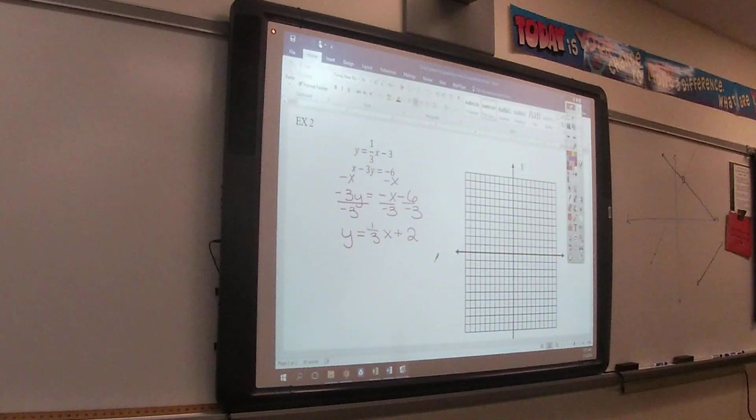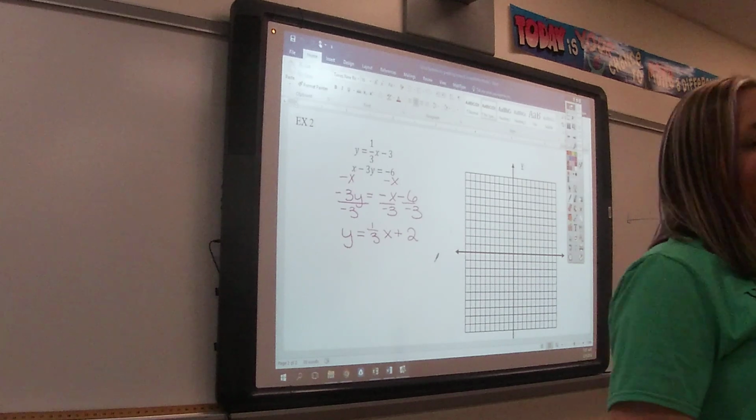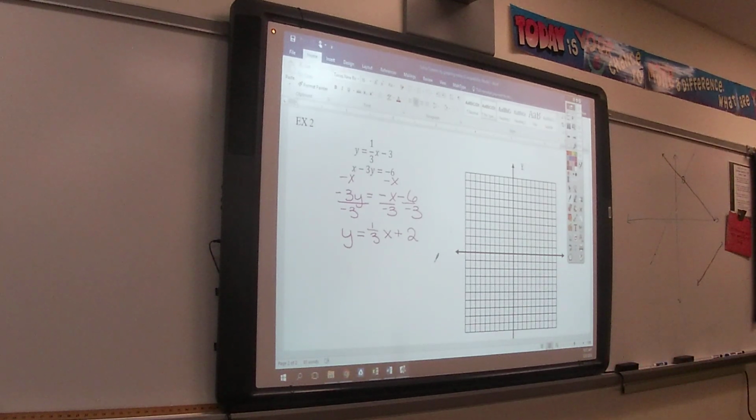You can buy a version of this calculator that's even more expensive, with a color screen and a much straighter line. But this is what we get here at school, and it does what we need it to do. So these are parallel lines.